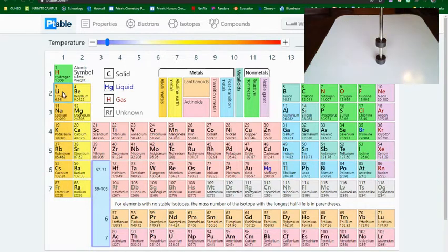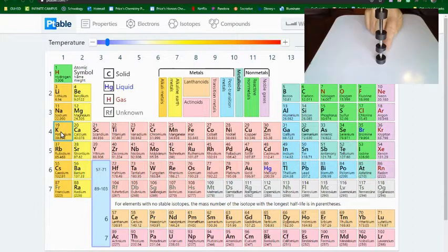Now, as I go down from lithium to sodium, I'm adding yet another energy level. I go from 2 energy levels to 3. So each time I go down a group, boom, I add a new energy level. If the radius is represented by the distance from the nucleus, the whiteboard, up to the outermost energy level, every time I go down I'm adding another energy level, and therefore the radius of the atom gets bigger and bigger.